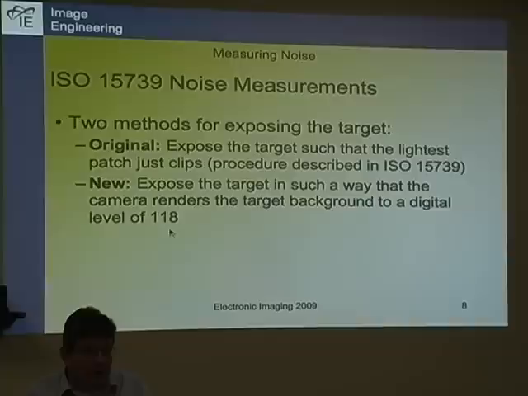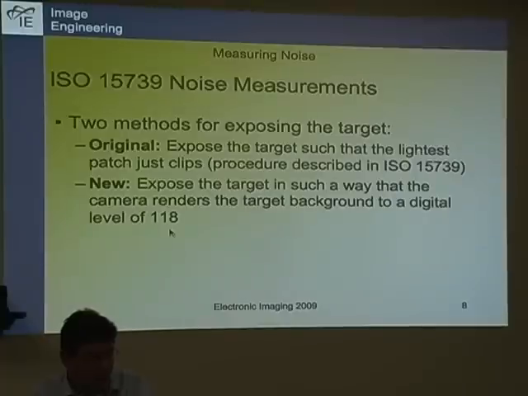And for sRGB, the average reflectance, that is a reflectance of 18%, known from the former photography standards, leads to an L star value in the LAB color space of 50, and this is equal to the digital code value of 118 in sRGB images.